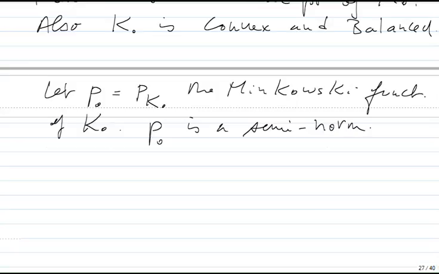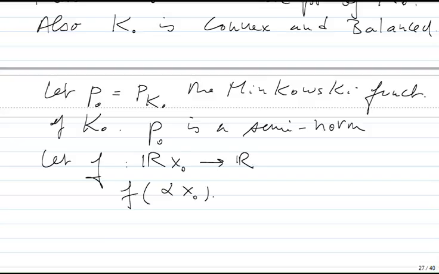Let F be defined on the one-dimensional subspace, F of alpha x0 equal to alpha P0 of x0.